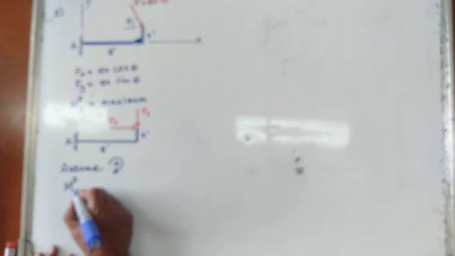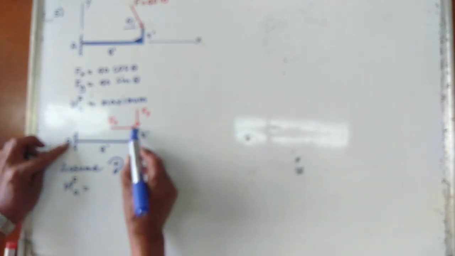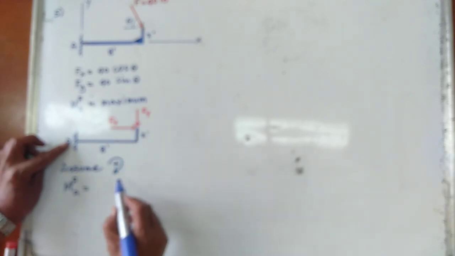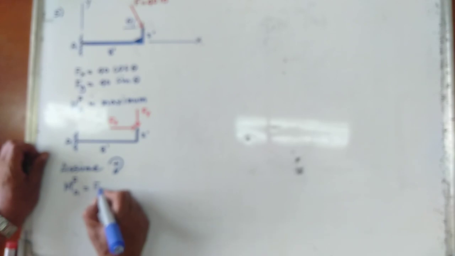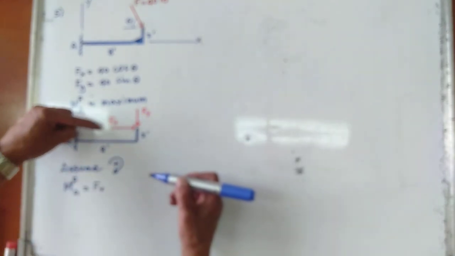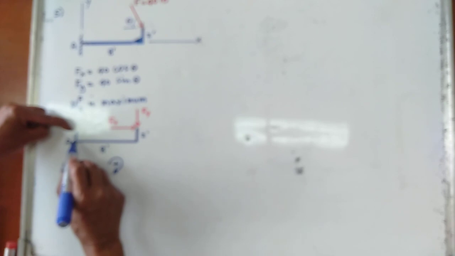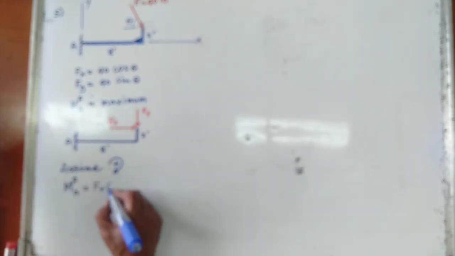about point A is now equal to, Fx is going clockwise about point A, so we have positive Fx, now the moment arm. This is the line of action of Fx, so that is the perpendicular from the moment center A, which is equal to 2 feet.